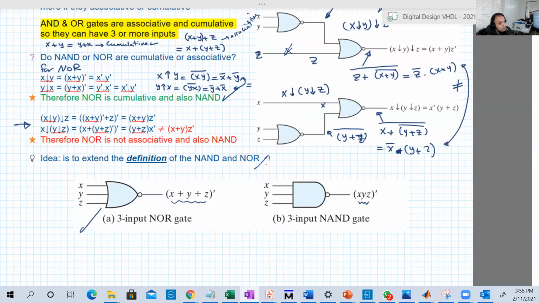But with NOR, no. If you have 3 variables that will be NORed together, you must have a logic gate for NOR that deals with 3 inputs. You cannot construct a 3-input NOR gate from 2-input NOR gates. No, you can't do that. So that's the bottom line here.